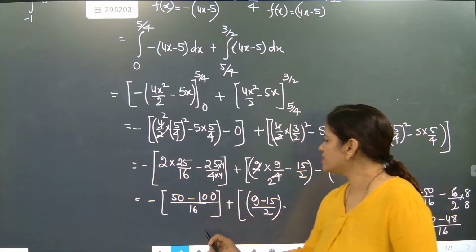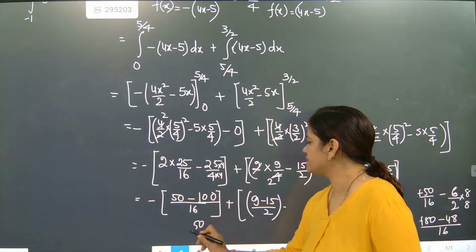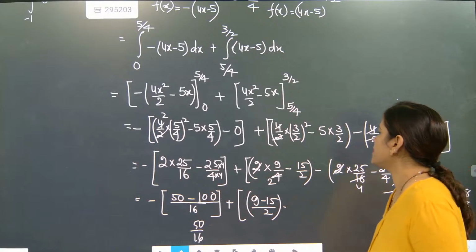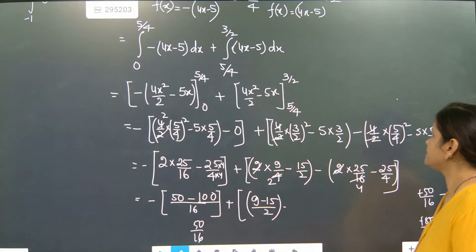This minus and minus will make it 50 by 60. This part done. Now check the second part. 9 by 4 is there.